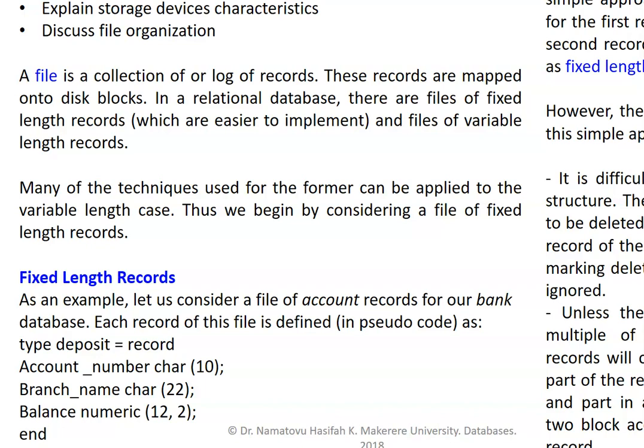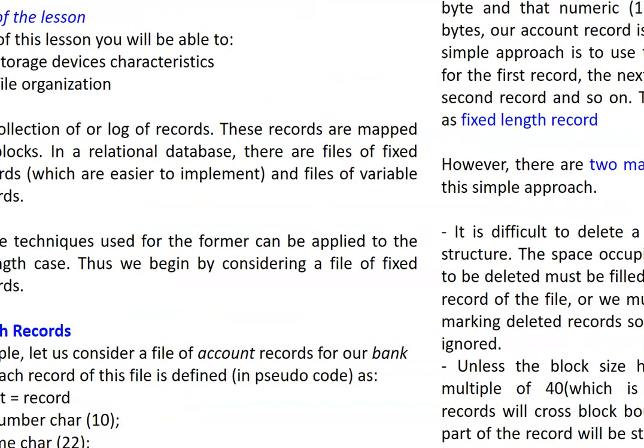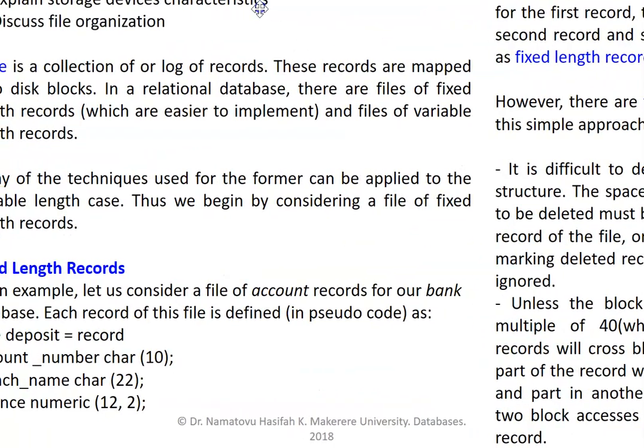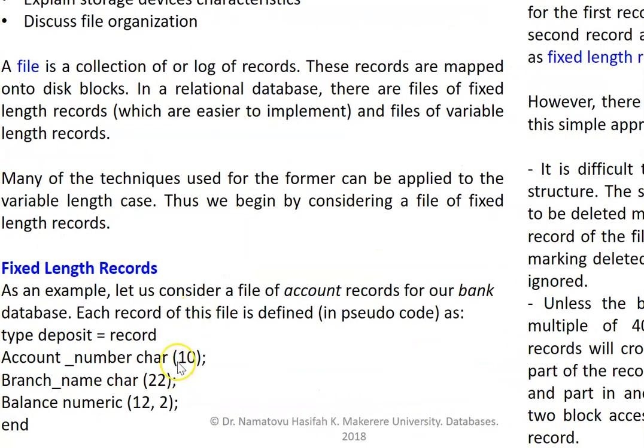So if you look at that record with those fields or attributes, we assume that each character occupies 1 byte. So here we're saying that the account number has a maximum of 10 characters, and we are assuming that each of these characters is equivalent to 1 byte.